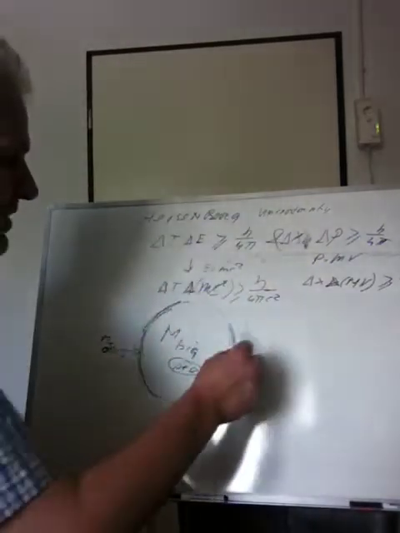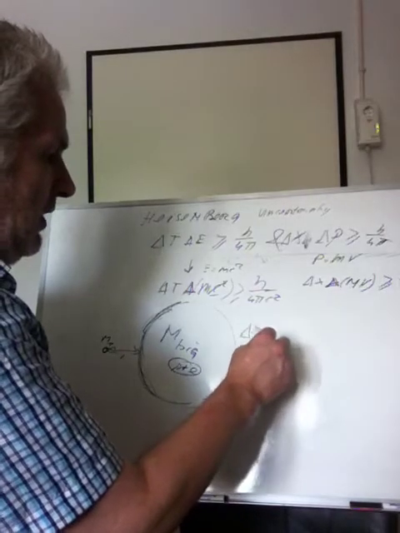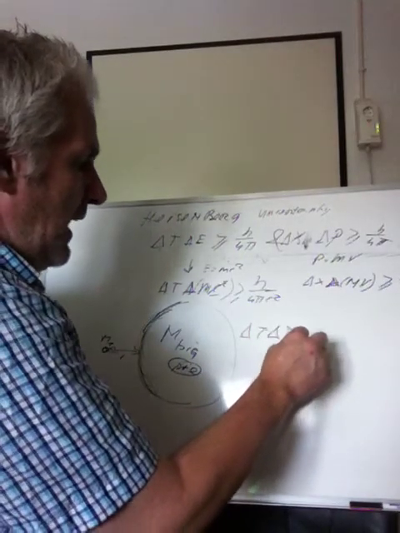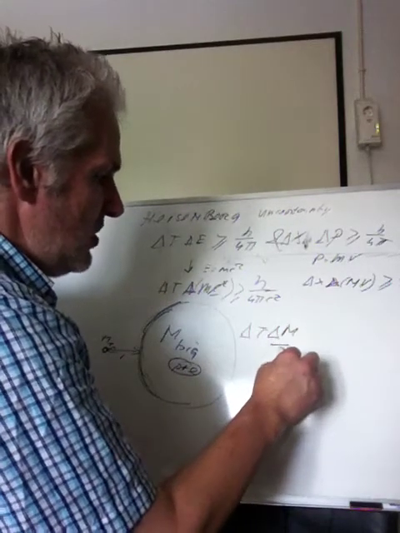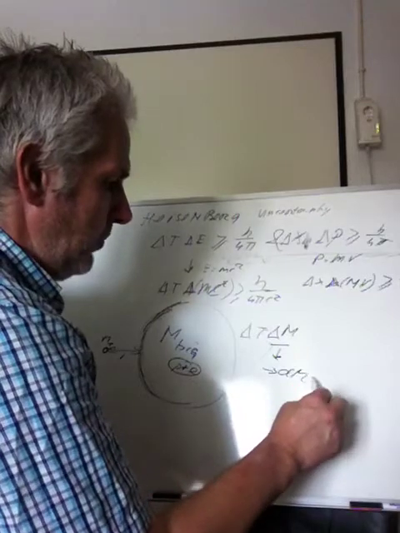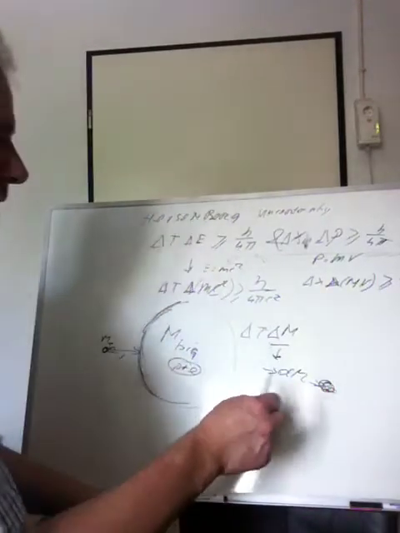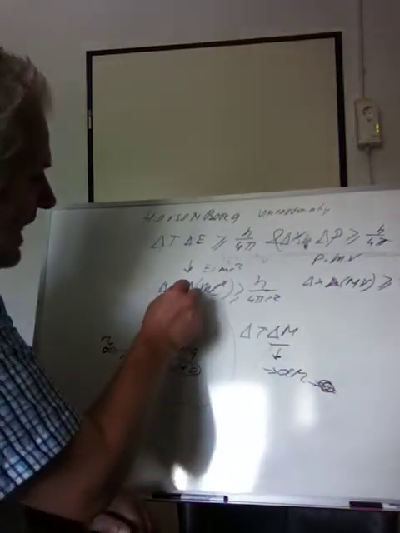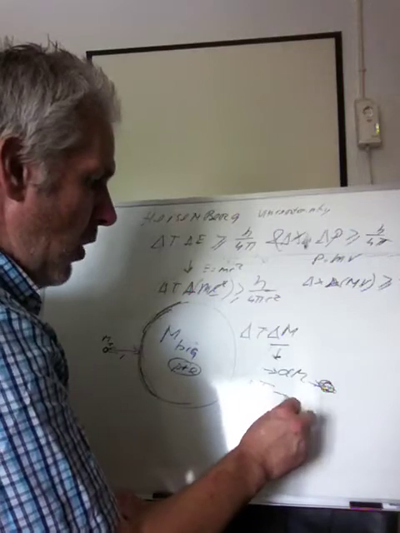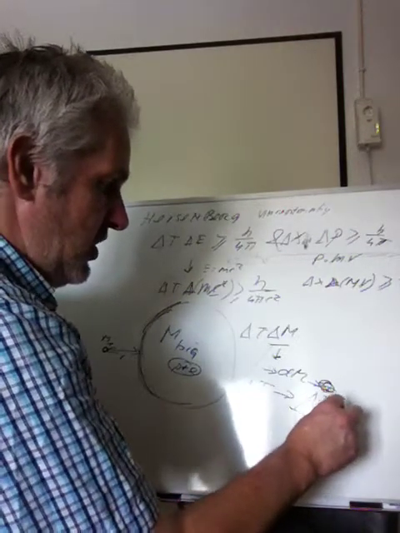So that means delta m is very small, with a limit of delta m going to 0, not 0. But that means that delta t must be growing.